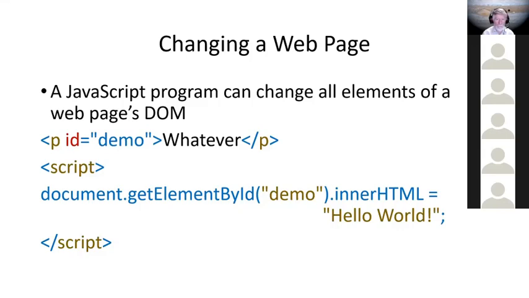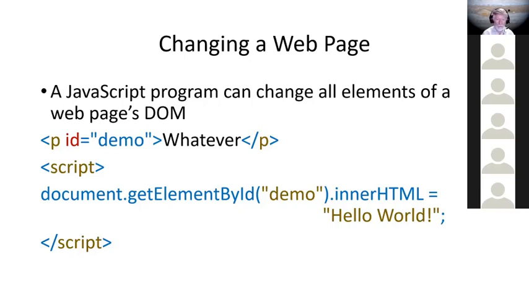In other words, I have given a name to that paragraph. Demo, of course, is not very informative, but it explains for the demo what we're doing. So you've got an ID demo, and you don't see the word demo on the screen. You see the word whatever. And if this is all there is for the page, then you're just going to see whatever in the page.